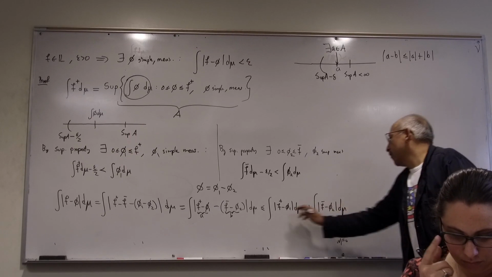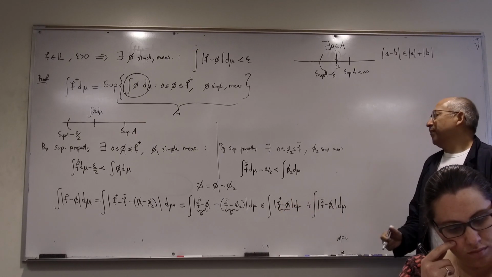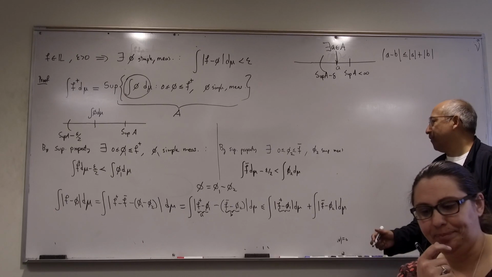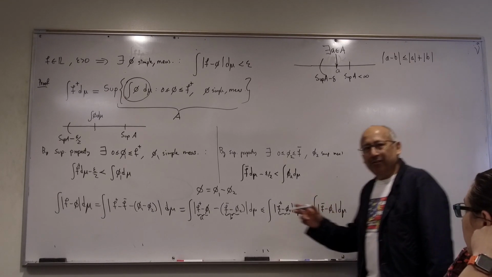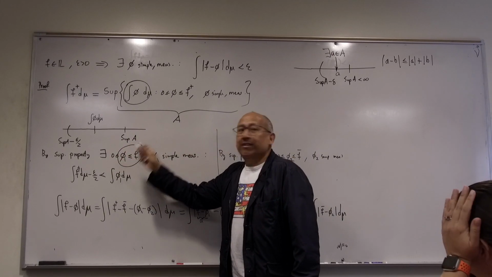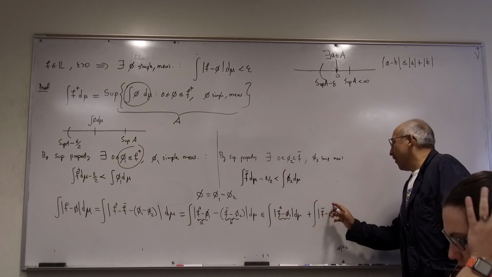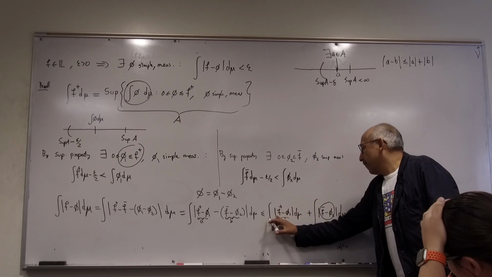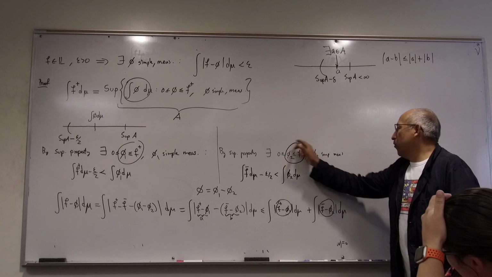My question for you, is this quantity inside the absolute value positive or negative, and why? Positive. It's positive. Why is it positive? If we subtract it over there. Yeah. phi_1 is for sure less than or equal to f plus. That's the reason this is positive. Now, likewise, this quantity is also positive, right?